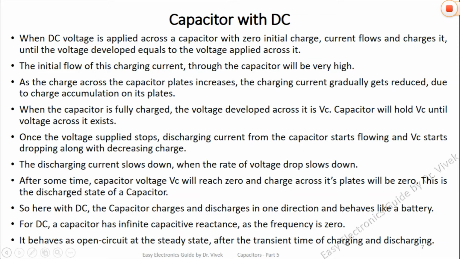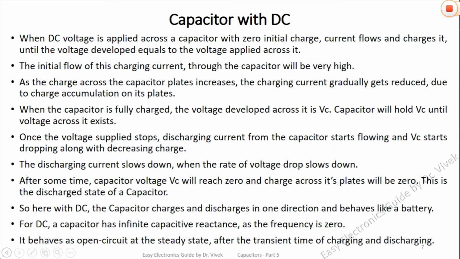Once the voltage supply stops, discharging current from the capacitor starts flowing and Vc starts dropping along with the decreasing charge. The discharging current slows down when the rate of voltage drop slows down. After some time, capacitor voltage will reach zero and charge across its plates will be zero.